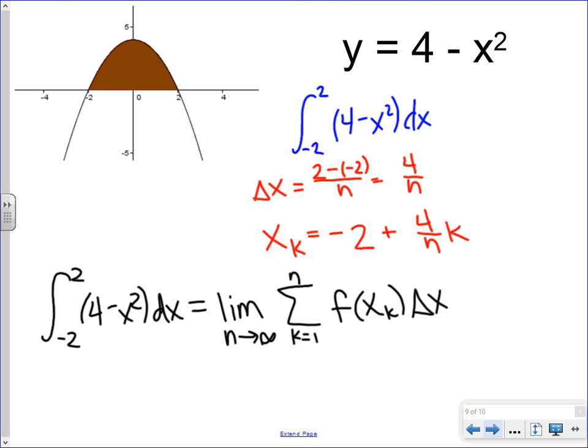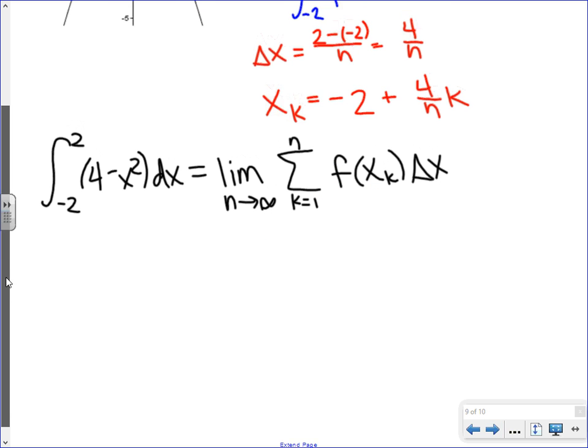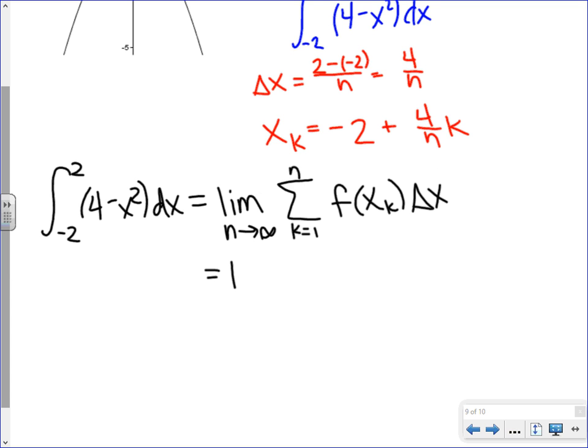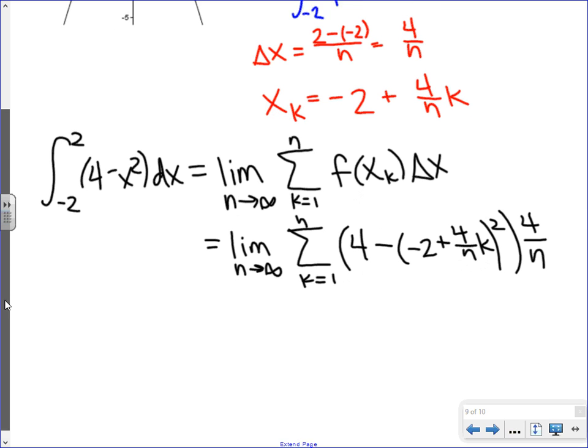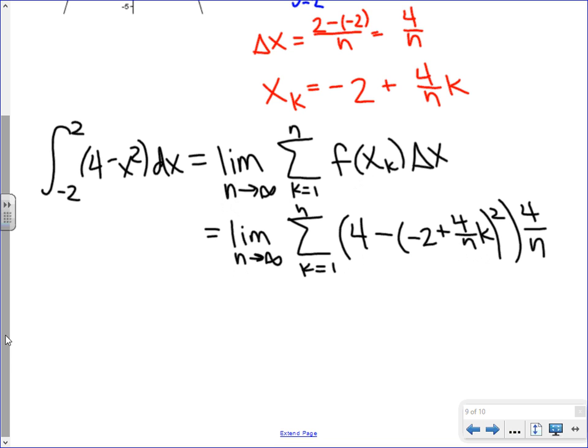So, how do we plug this in? f of x sub k means we're plugging this in right here to our function. So our function is 4 minus x squared, and then delta x is 4 over n. So we have 4 minus x squared times delta x.